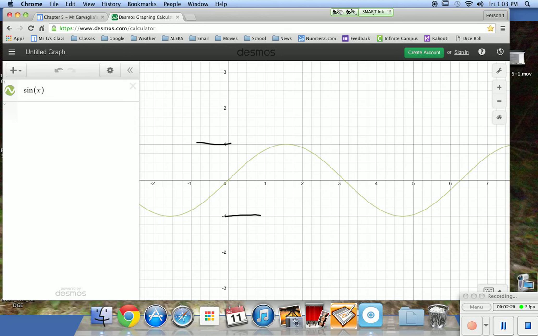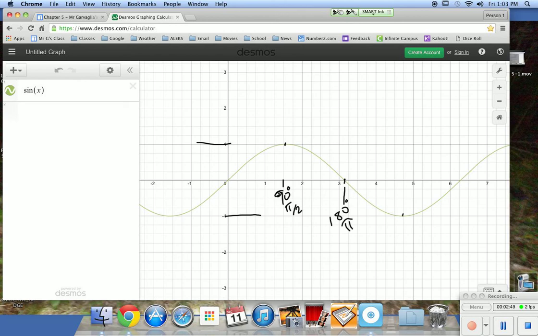How the hills and valleys of the sine go, at this point here, at its vertex right here, is at 90 degrees or pi over 2. All right? Where it touches back onto the x-axis again, right here, 180 degrees or pi.